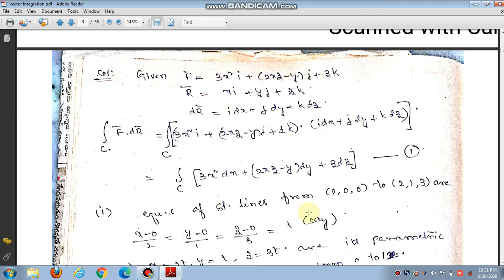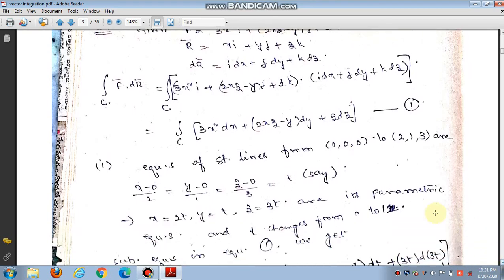Substituting these points, we obtain x = 2t, y = t, z = 3t. And from these values, t takes values from 0 to 1.